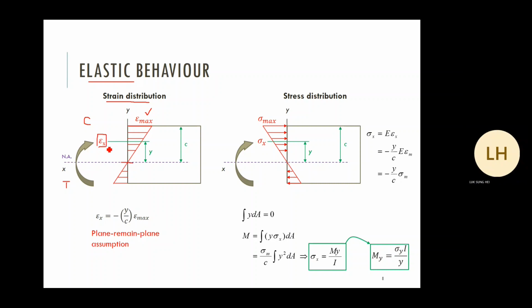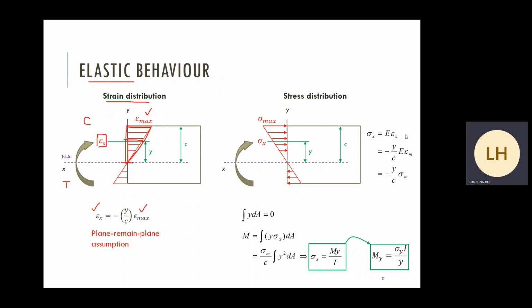Based on similar triangles, you can express epsilon x using our maximum strain level, epsilon max. Using similar triangles, you can correlate epsilon x and epsilon max together easily based on the plane-remains-plane assumption.